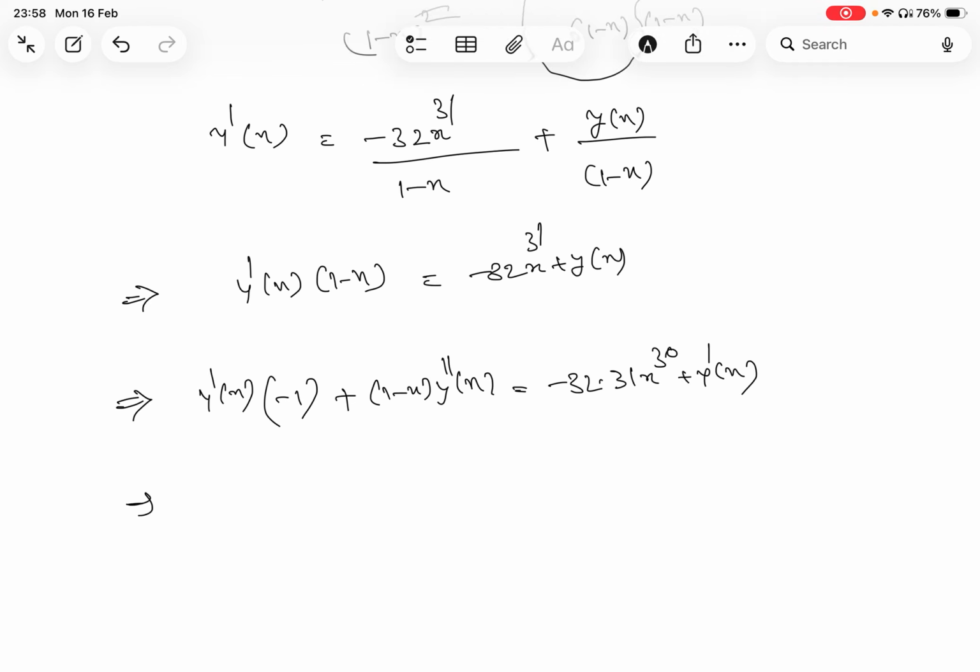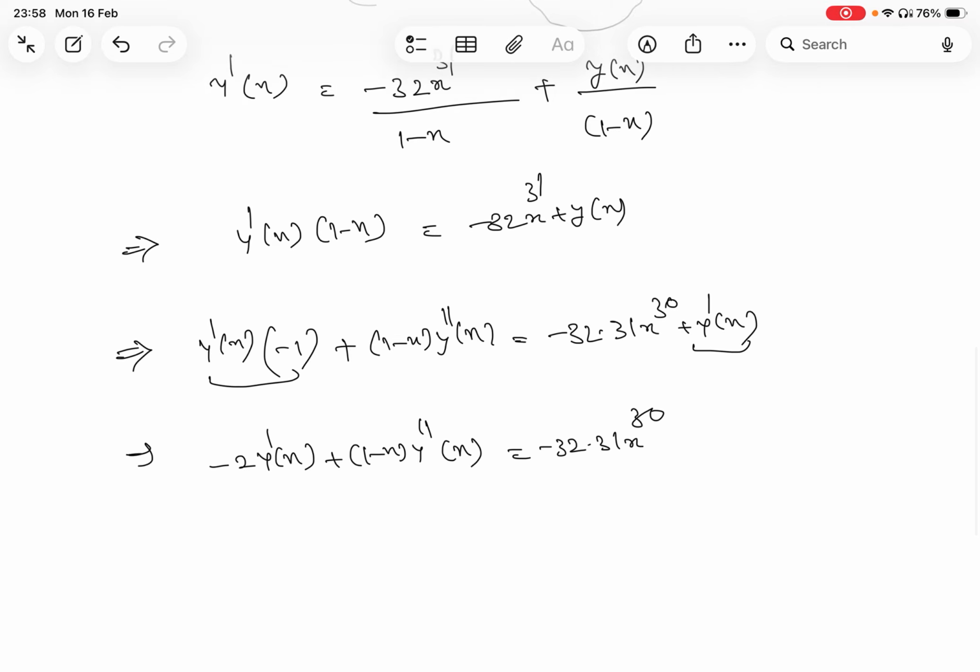This is minus y dash of x. This y dash of x, which is on the right hand side, becomes minus 2 y dash of x plus 1 minus x into y double dash of x is minus 32 into 31 into x power 30.